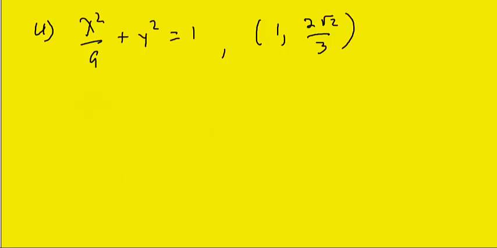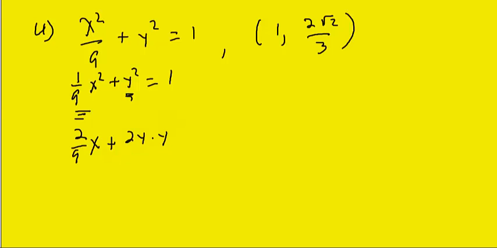Take a derivative. Okay, this is really 1/9 x squared plus y squared is equal to 1, for those of you that are algebraically challenged. When we take the derivative of this, this is 2 over 9 x plus 2y y prime, and the derivative of 1 is 0.